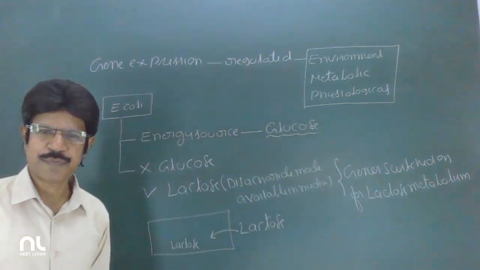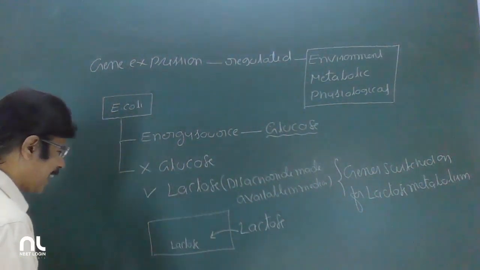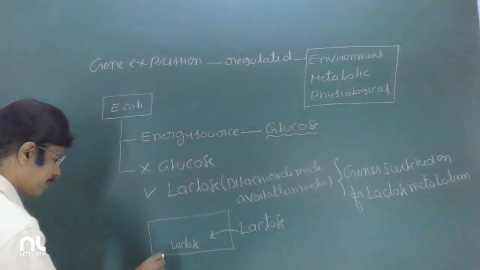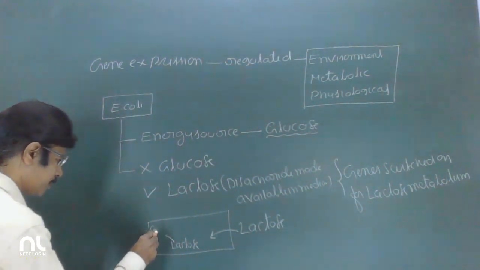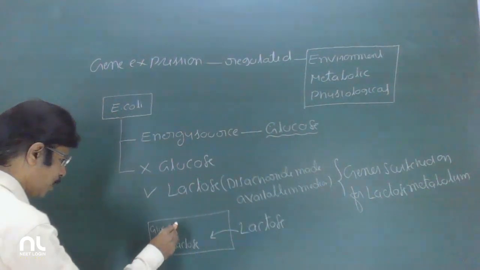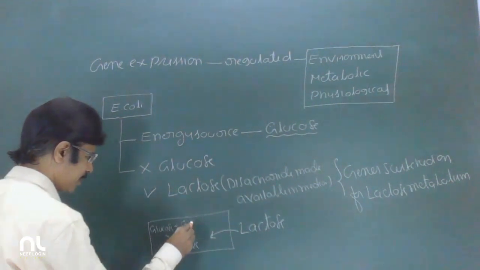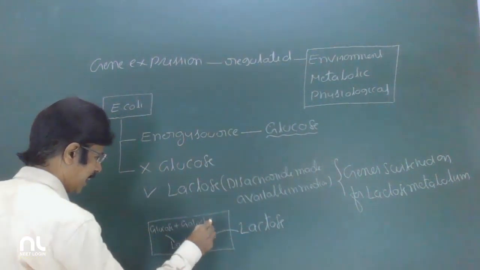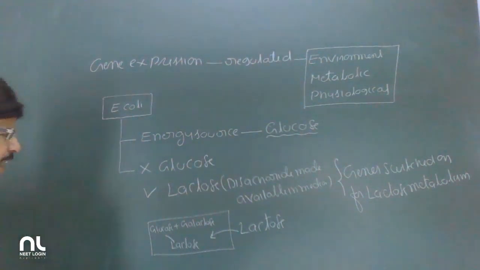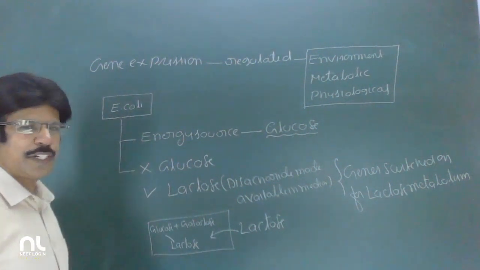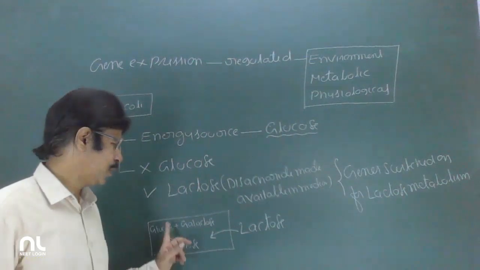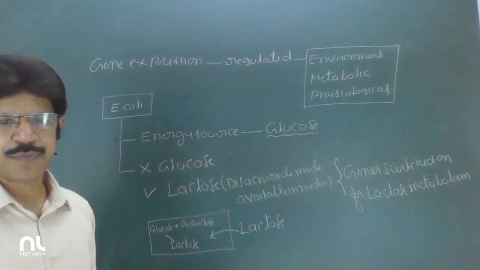Now genes are switched on to hydrolyze lactose into glucose plus galactose. Again the galactose is converted into glucose. So glucose is utilized as the source of energy then.